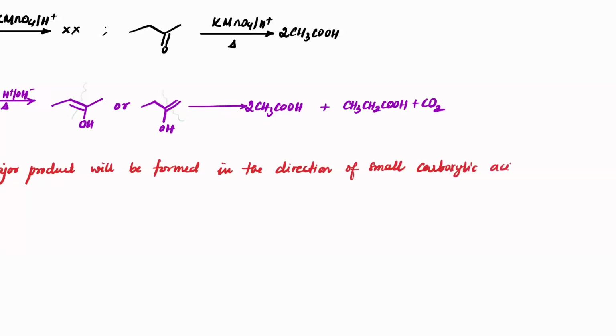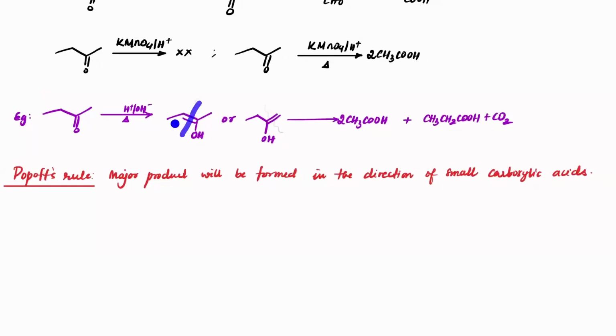Notice, when you break the first case, you got 2 moles of acetic acid, which is a 2 carbon acid, while in the second case when you break, we are getting a 3 carbon acid, right? So which is major here? This one is major and the other one is minor.